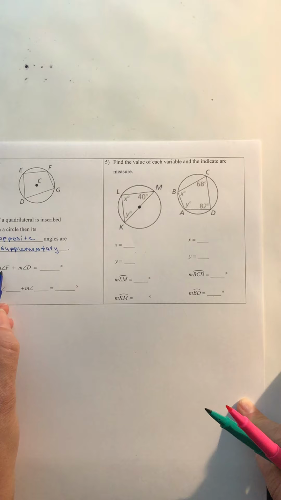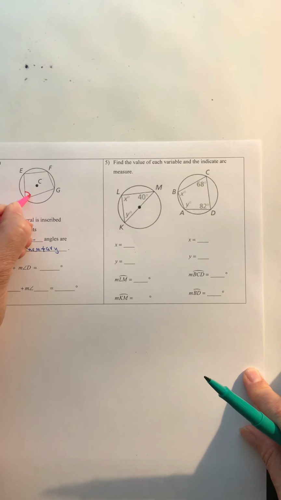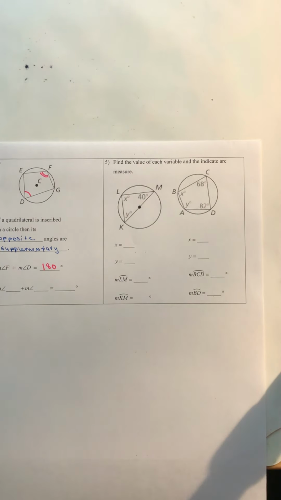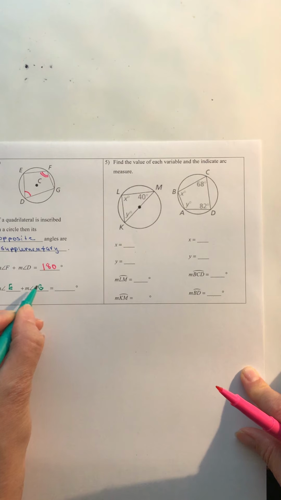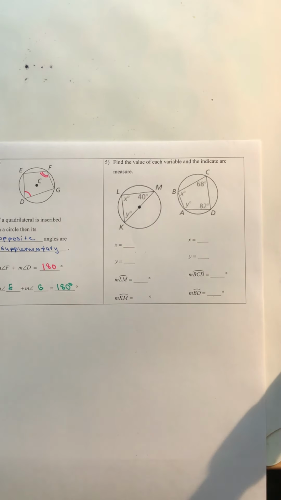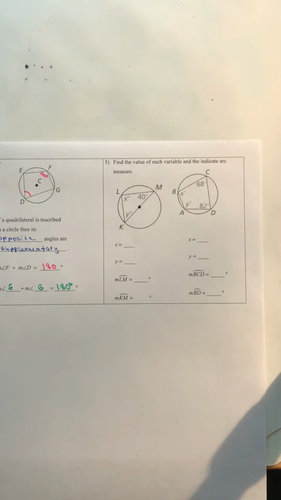So that means that the measure of angle F plus the measure of angle D has to equal 180 degrees. And also the measure of angle E plus the measure of angle G also equals 180 degrees. We'll kind of see a reason why this is true in this last example over here. So hang on to that for just a second.